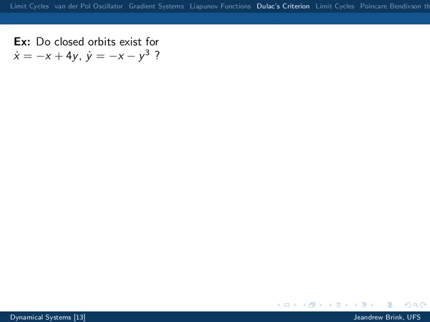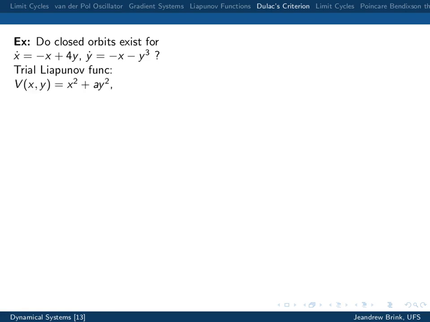Okay, that's the check. So if that check passed, then you could say you have no closed orbits. And the next thing I could do, if I was being kind, is suggest a trial Lyapunov function, which you then could go and check whether it has the properties of the theorem.